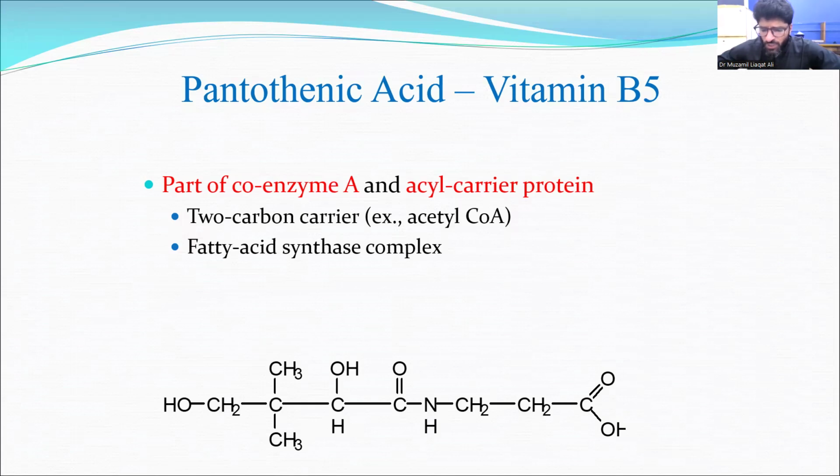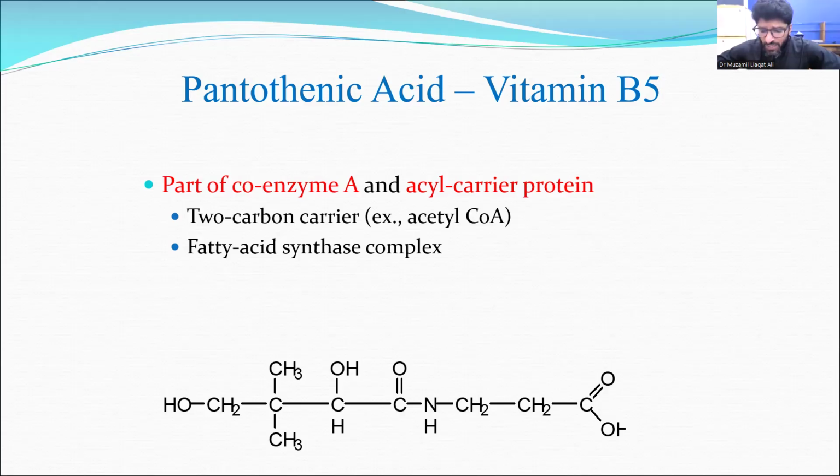So today's focus shifts towards coenzyme A, that is vitamin B5, amino acid metabolism that is linked with vitamin B6, and carboxylation reactions that are linked with vitamin B7, right? So let's start with vitamin B5.